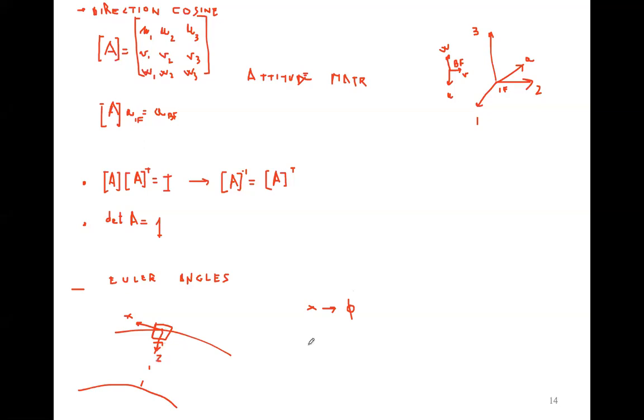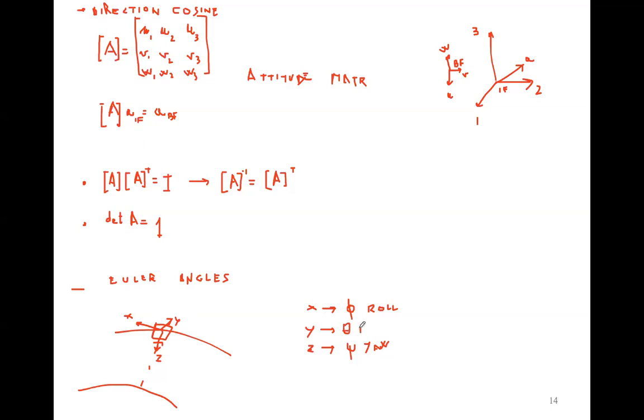And zeta gives you the yaw angle. So this is roll, and this is psi. Psi is the yaw angle. And you have y, that is the pitch angle. So it is out of plane here, and it's called theta.